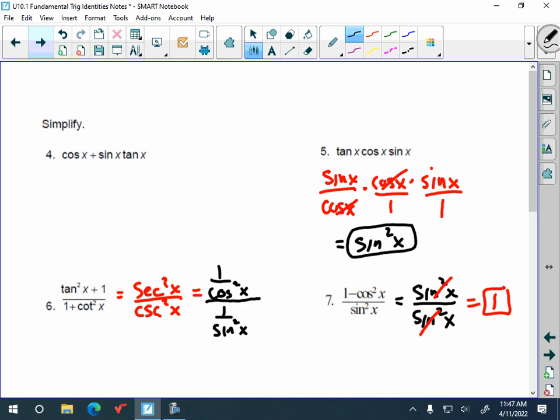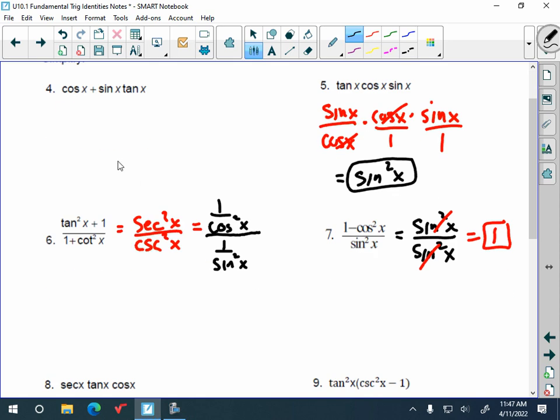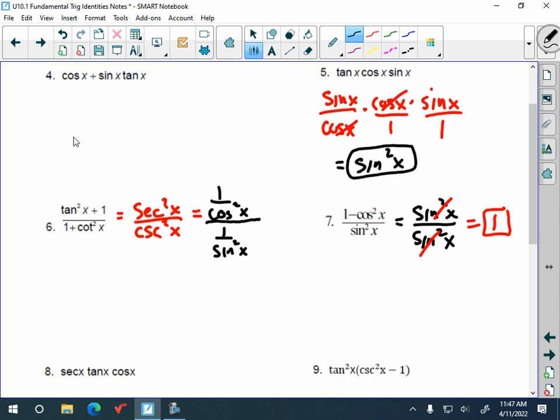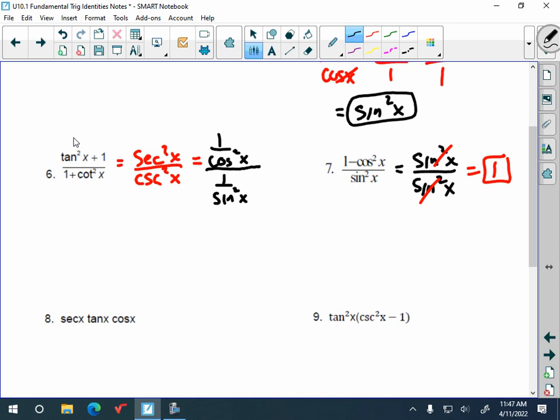All right, now we have what's called a complex fraction. Okay, if you remember, we did this on the unit circle when we had tangent. We had to simplify a complex fraction. So we can change this to a division problem. Okay, so 1 over cosine squared divided by 1 over sine squared. Then we can change it to a multiplication problem.